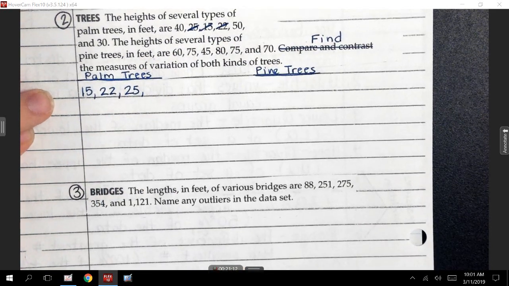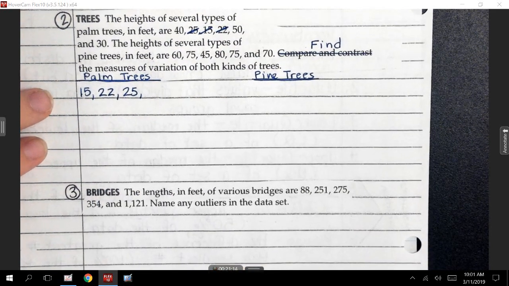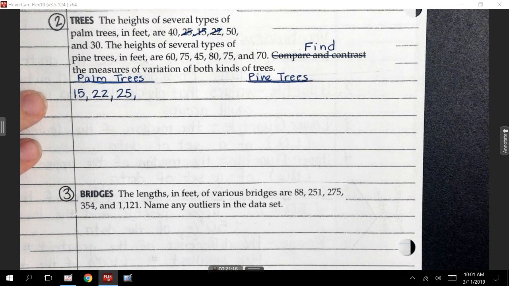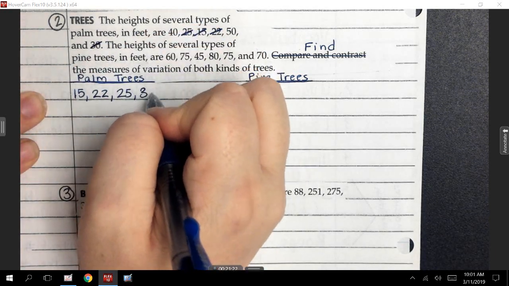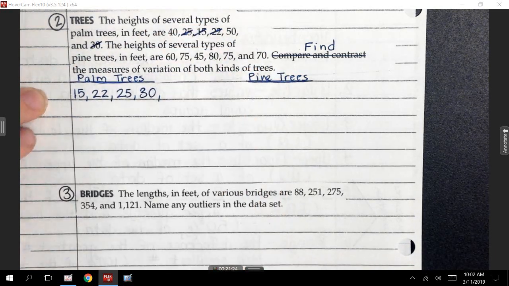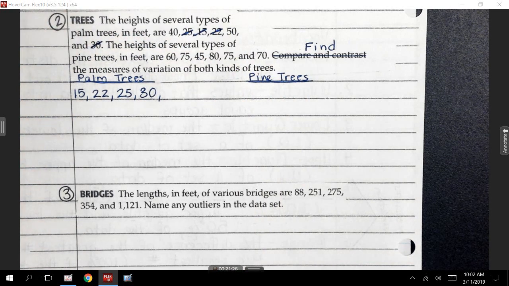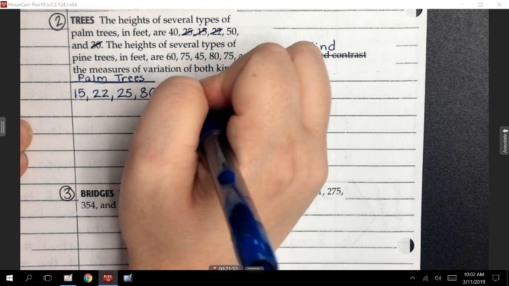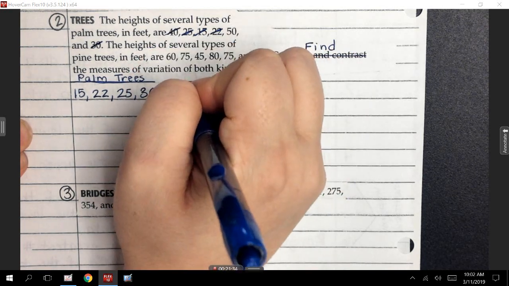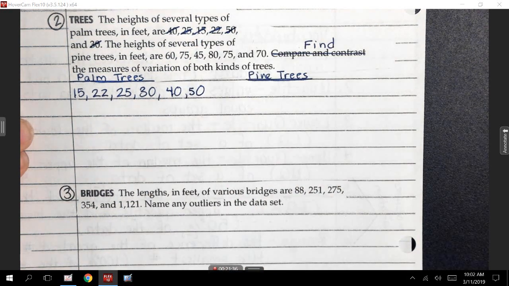What do I need after 25? 30. Excellent. And guys, that's on the line below. That's why I said that one was tricky, because you got to make sure you find it when you see the and 30 down there. All right, after 30, Lauren? 40. And after 40, Bailey? 50. Excellent.